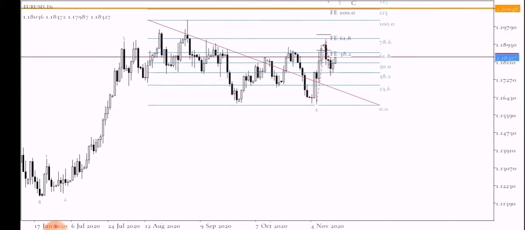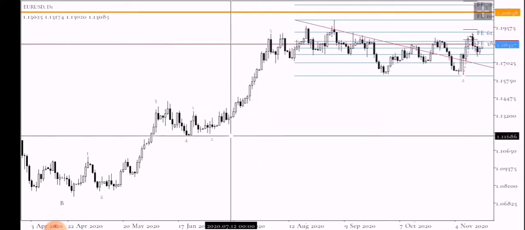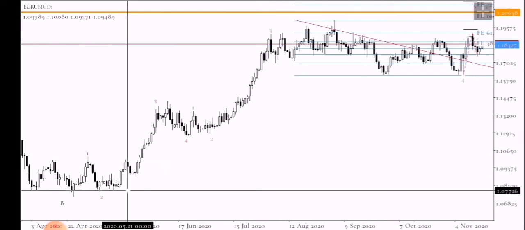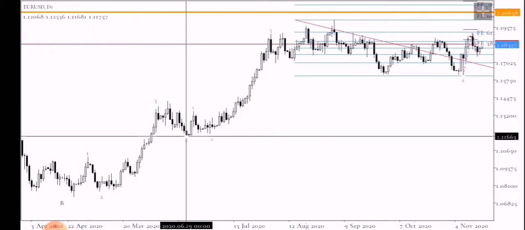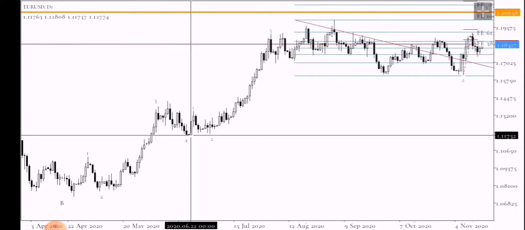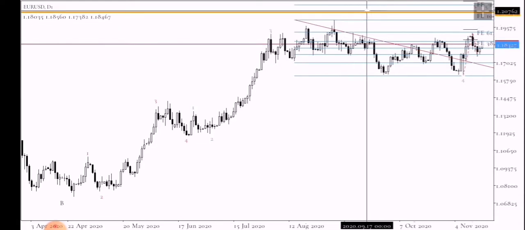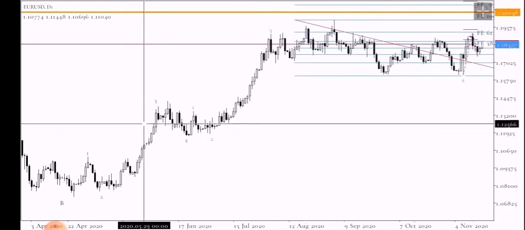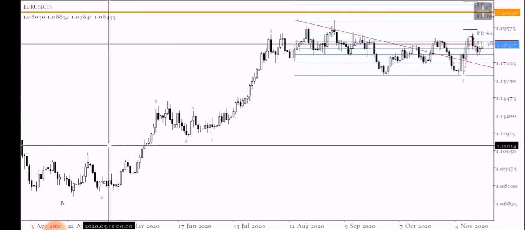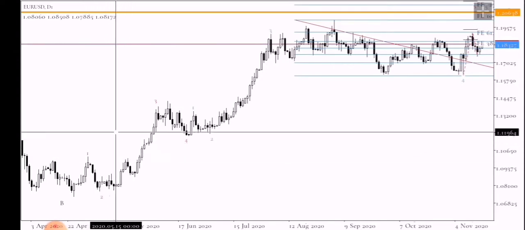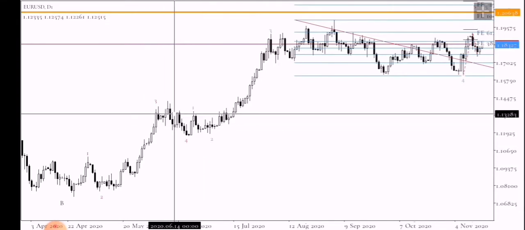Now let's look at the internal waves, because wave C has a 5 wave move, right? So we've got 1, 2, 3, 4. The reason why I believe it's extending is because wave 3 was an extended wave 3.